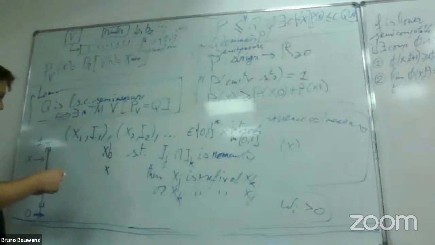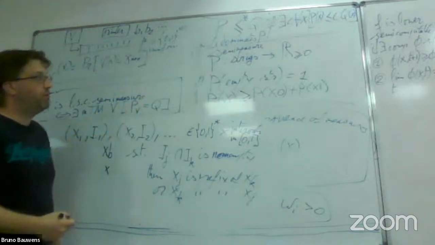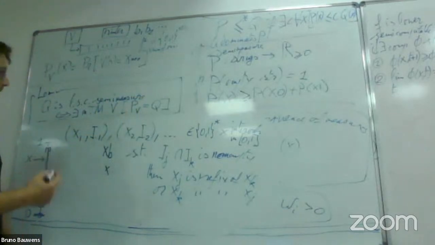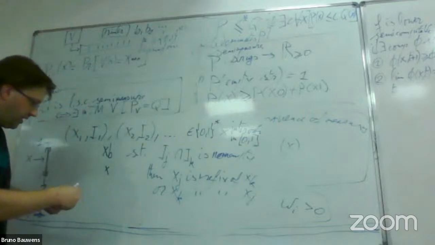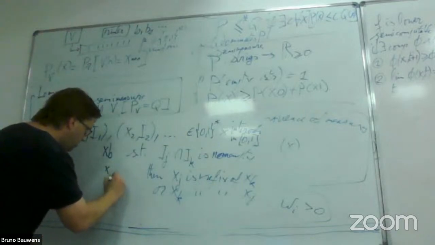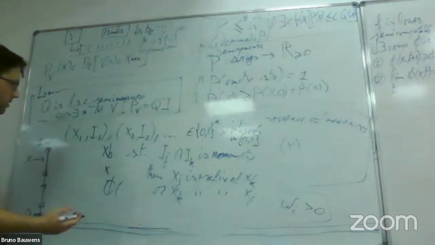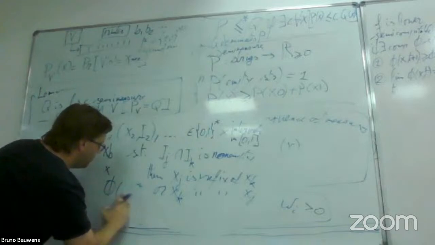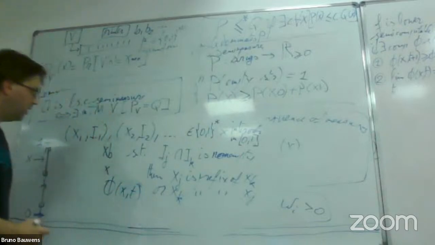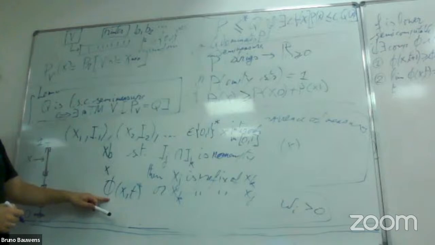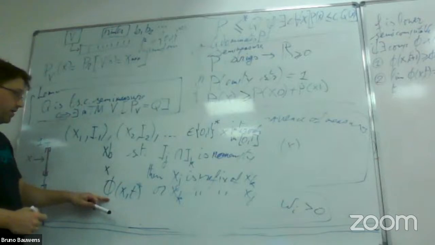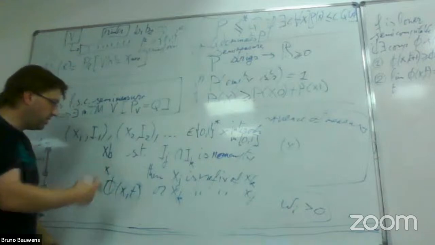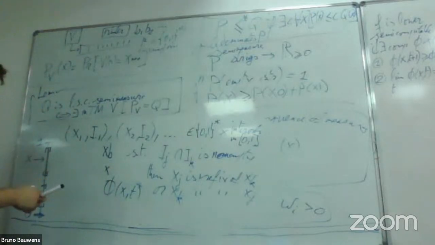Now let us look at our computable approximation. We have a certain value at a given time step t, phi xt. This is our approximation for the measure Q. Our plan is that we randomly assign intervals inside the x intervals.